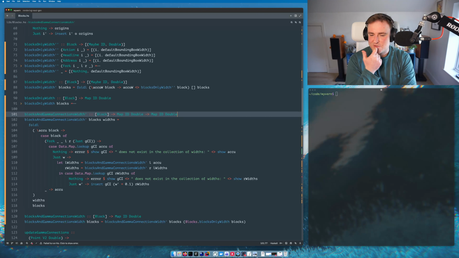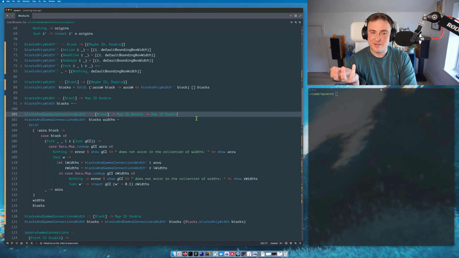Either we can track a list of x coordinates, or a list of widths, in our case, because we're tracking widths, a list of widths every connection would take. So the 0th position in that list would be the width of the block itself. The first position in that list would be the width of the first connection, the second position the width of the second connection, and so on and so on. You get the idea. And that would be a good start.